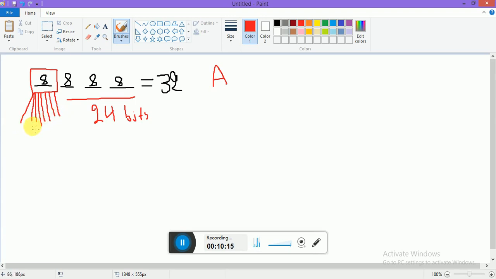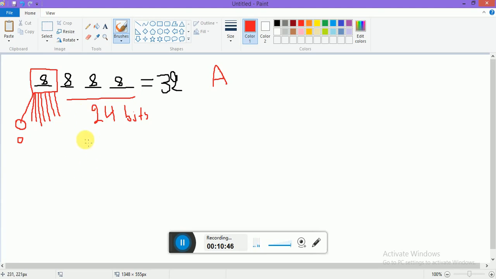But the very first bit, the most significant bit, is always 0 in class A. Why? I will explain this. The remaining bits may be 0 or 1, we don't care, but the remaining bits represent the host portion.